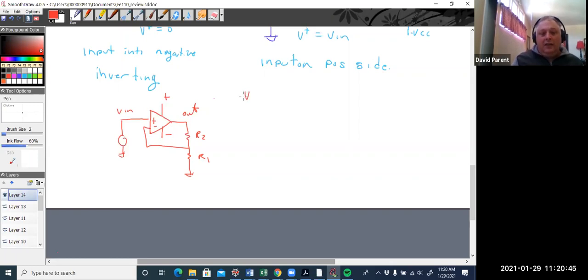And so if they say something like VCC plus or minus equals 10 volts, that means that's at 10 and that's at minus 10, or 2 and minus 2. And it's that behavior of voltage source, open loop gain times the difference. Well, where does the power for that come from? Well, it comes from these power supplies, and they're never drawn because they get in the way, unless you're using LTspice.